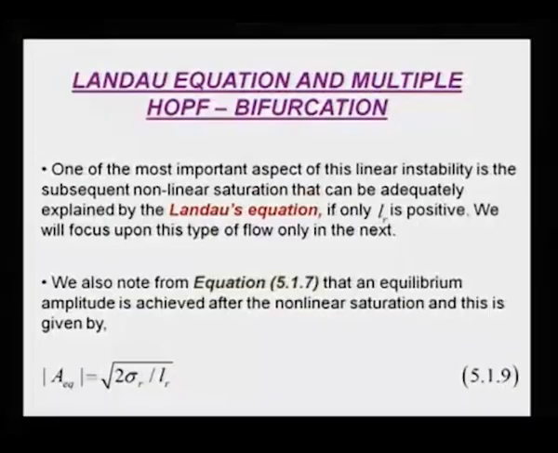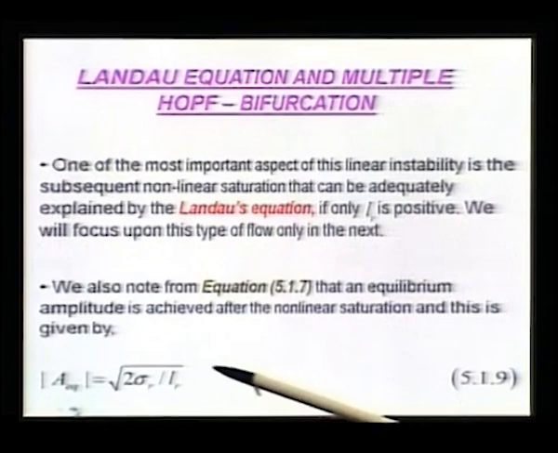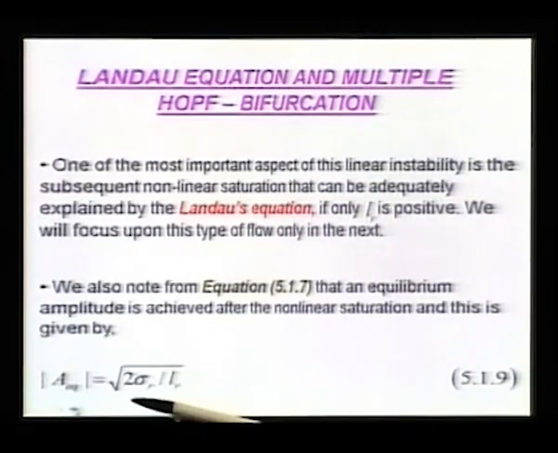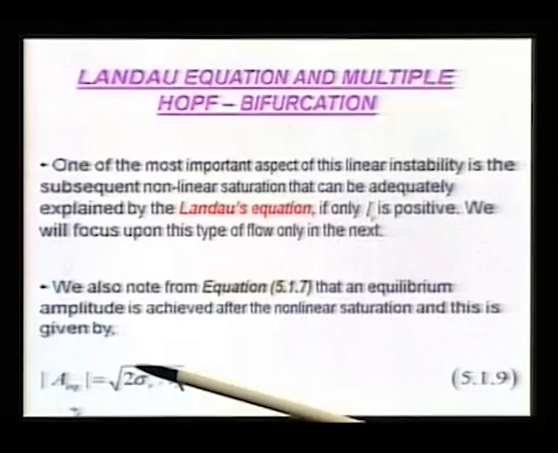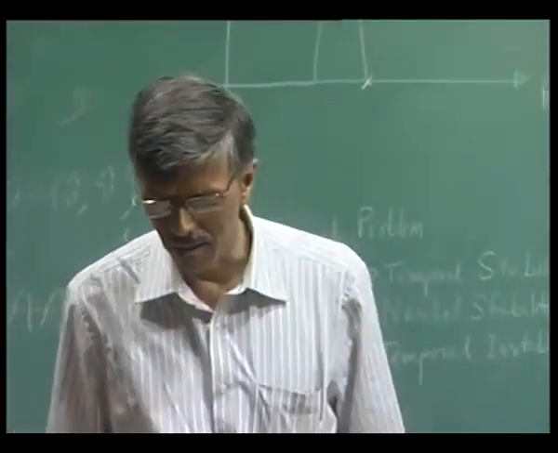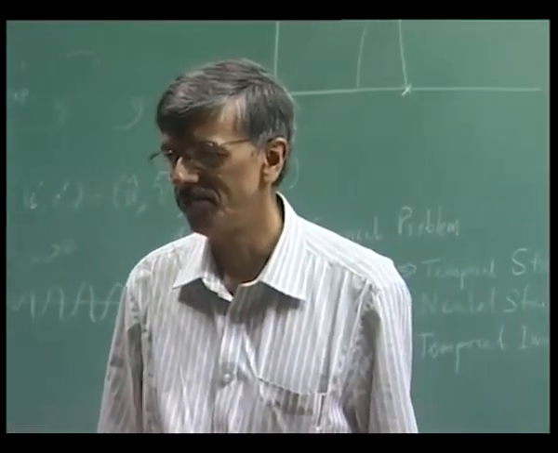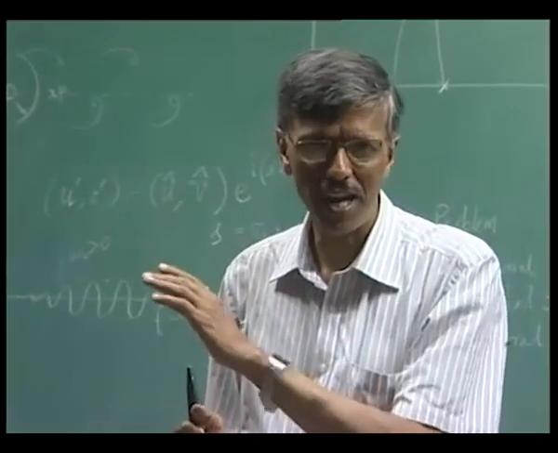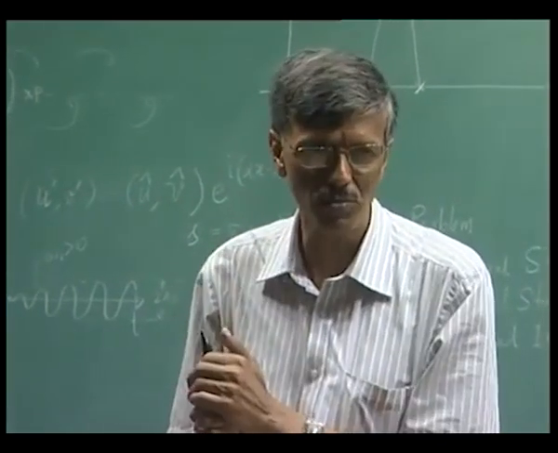Okay, so we talked about this, and this is what I said, that equilibrium amplitude corresponds to this case. Very interesting, right? So what you get is the equilibrium amplitude given by sigma_r divided by L_r. How is sigma_r as a function of Re? I have crossed Re critical, that is why sigma_r is positive.